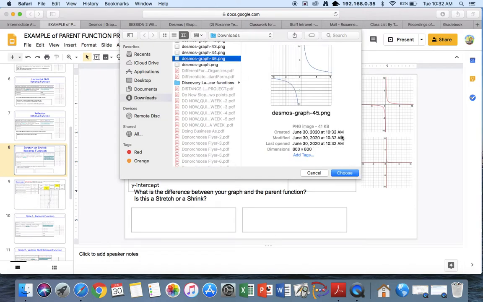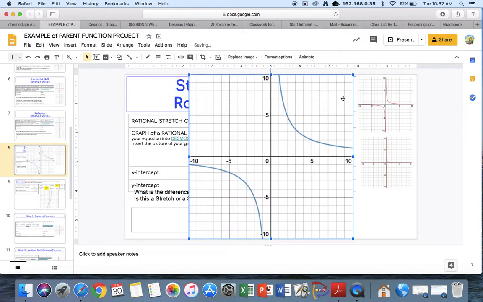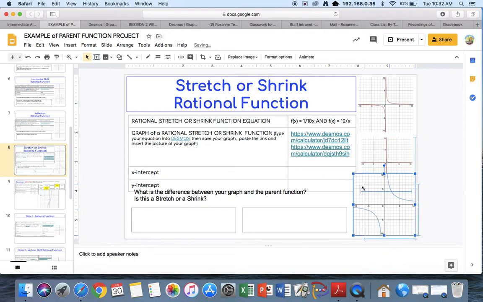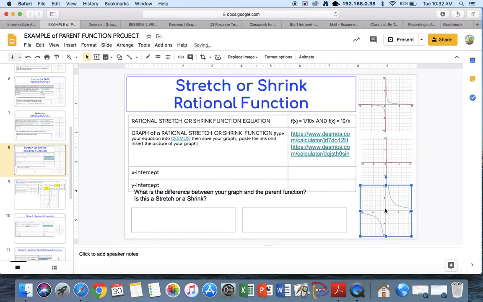Okay, there it is, and choose it. It made it really large, so I'm just going to shrink it down so it fits in my little spot over here. I have to shrink it a little bit more. Okay, so there they all are. Here's the parent function, here is the first equation, and here's the second equation.